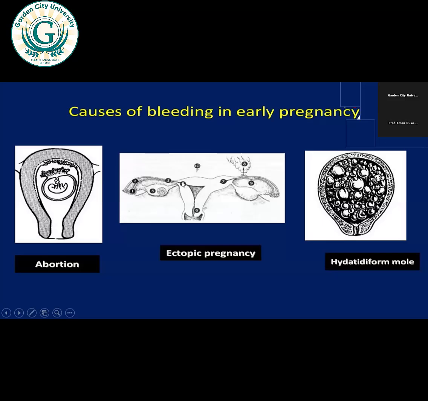Occasionally, you may have it in the cornua. And then around the ovary there, you can have it there. Instead of coming out and then moving through the fimbriated edge inside, the fertilized ovum just remains there.